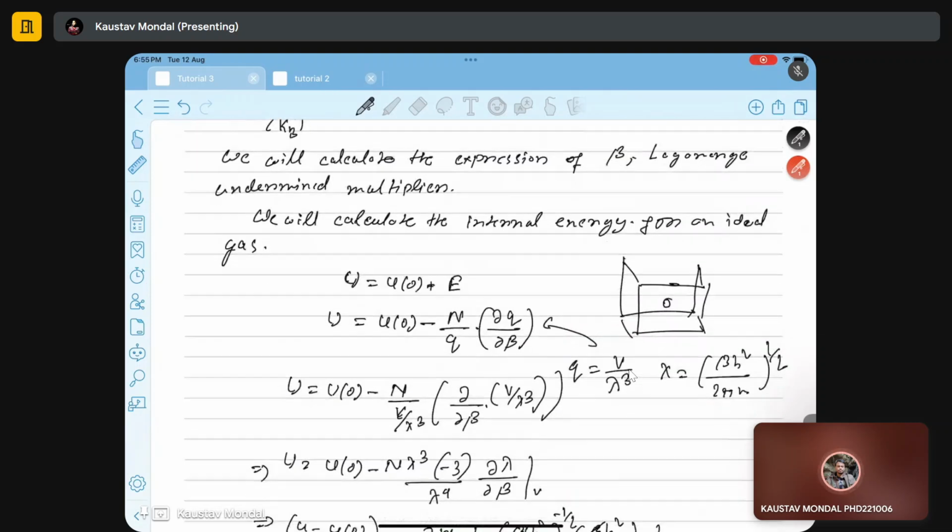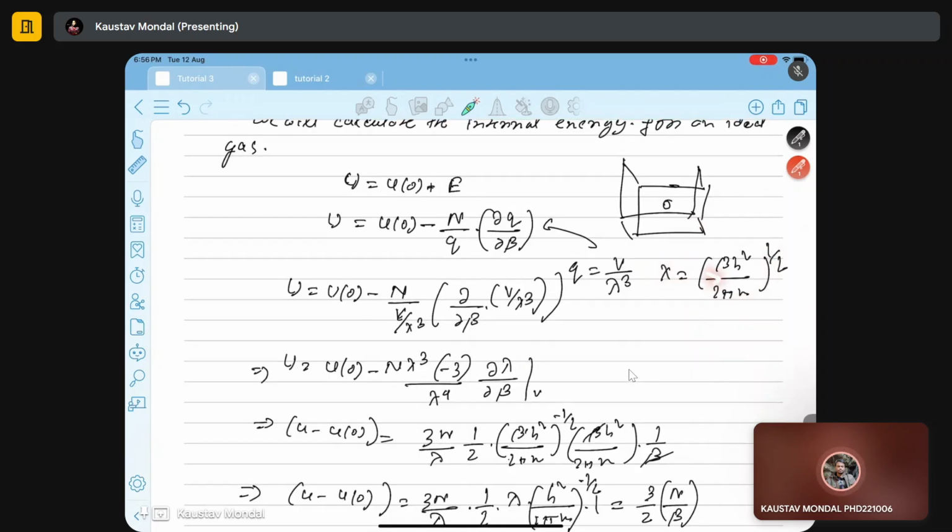So we have derived the internal energy for an ideal gas. In order to do so, we have used the concept that if a monoatomic particle is moving in a 3D box, the translational partition function of this sort of system, Q, is simply V by lambda cubed, where lambda is the thermal wavelength. If you substitute the Q expression here, we get this type of expression of the internal energy, U equal to U0 minus N by V by lambda cubed.